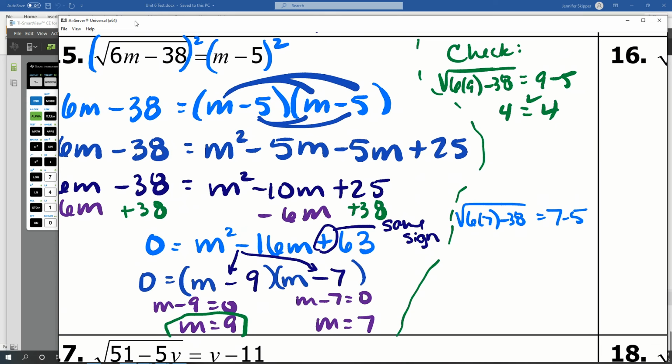All right, and then I get 2 equals 2, so that's good. So this one has 2 answers. And like I said, sometimes when you have 2 answers, they both work. Sometimes one works and sometimes none works. No, it's just that one solution.